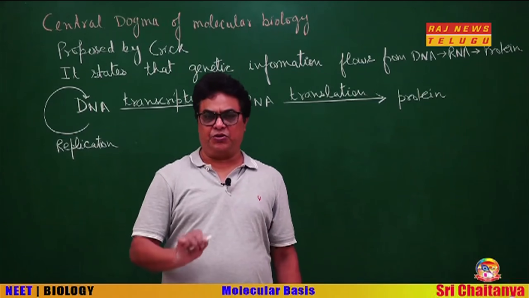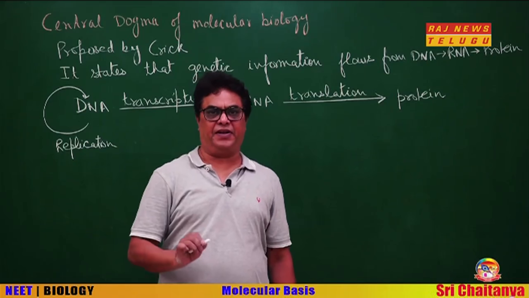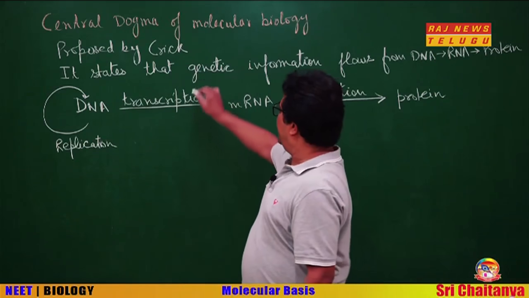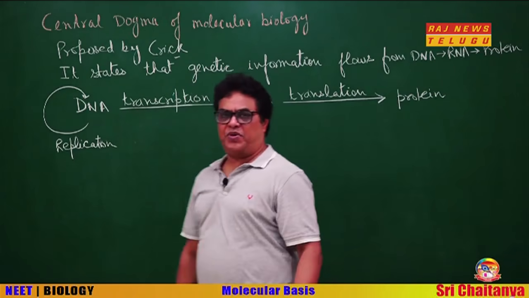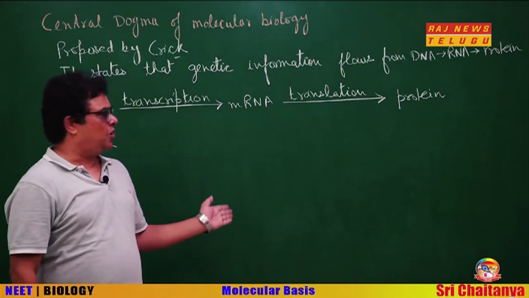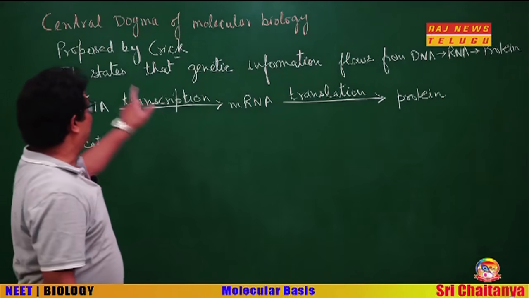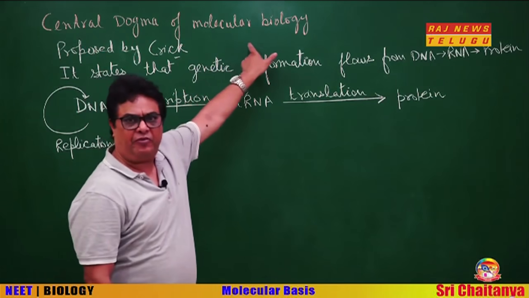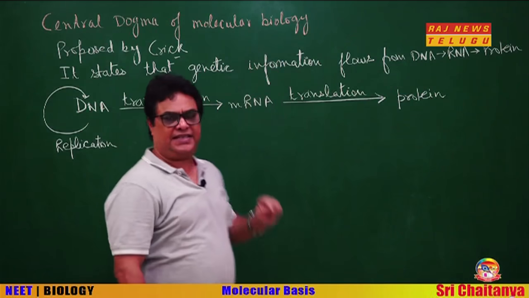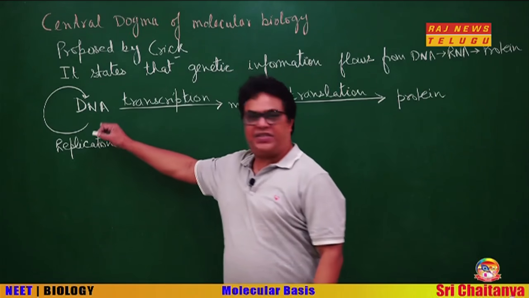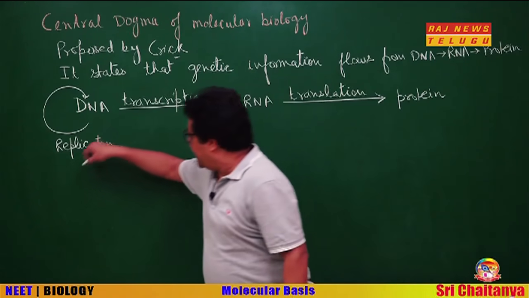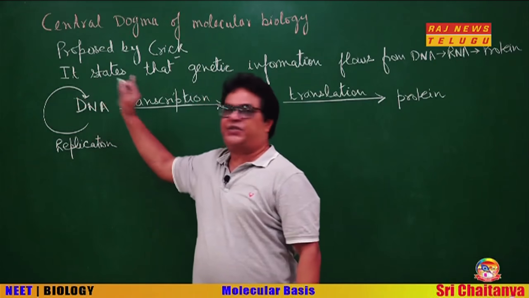Now, very soon after the discovery of the structure of DNA, Francis Crick proposed a scheme to show the flow of genetic information, and this scheme is called the central dogma of molecular biology. He said that DNA, which is the genetic material, can replicate to make its own copies.